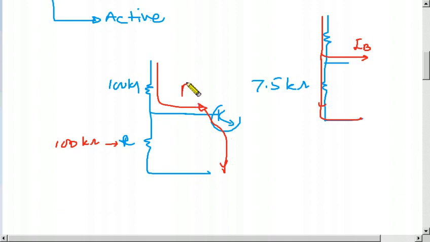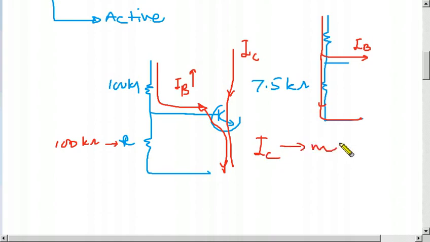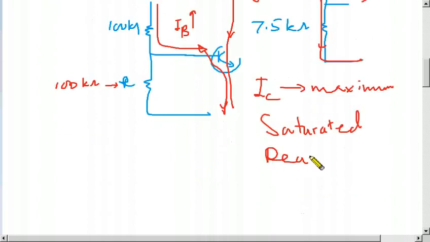The base current IB is now greater, so the collector current will also increase. It will reach maximum, that means saturated region, or saturated state.